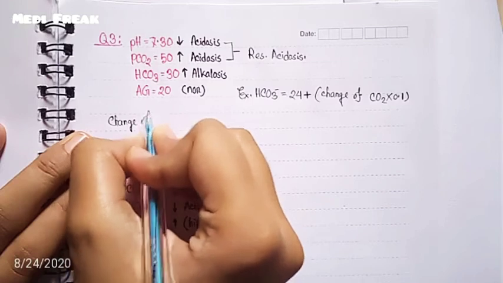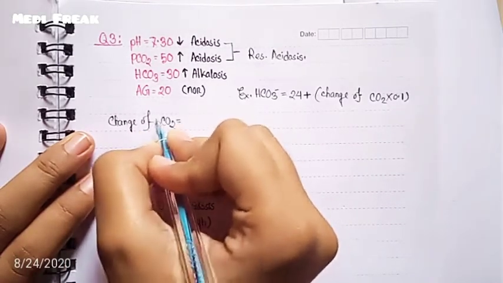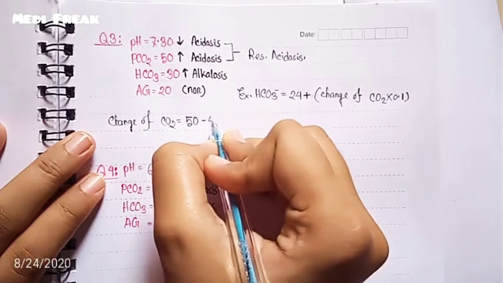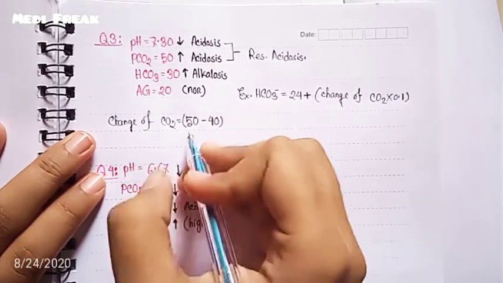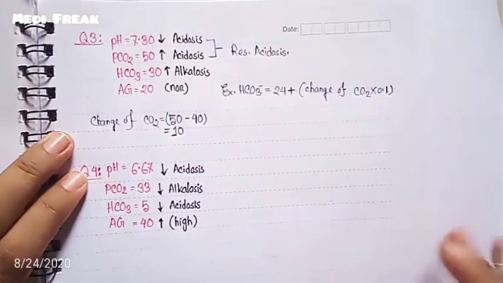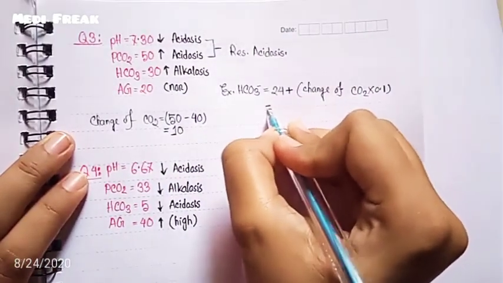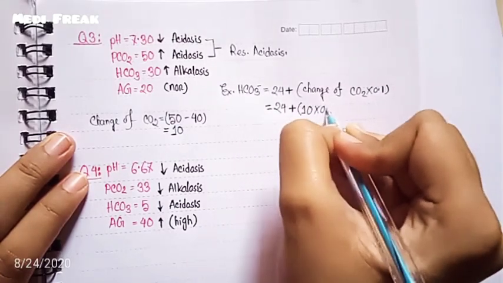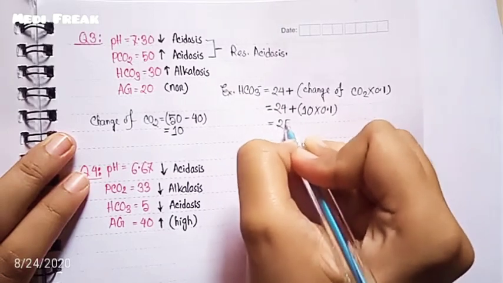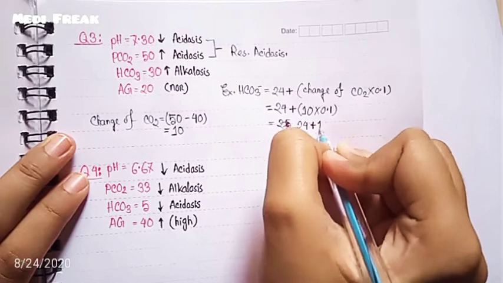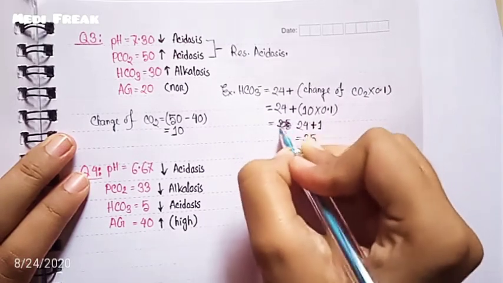Change of carbon dioxide is equal to, here the carbon dioxide is 50 minus the normal value of carbon dioxide, which is 40. Change of carbon dioxide is equal to 10. Okay, so it is 24 plus change of carbon dioxide 10 into 0.1. It is 24 plus 1 is 25.